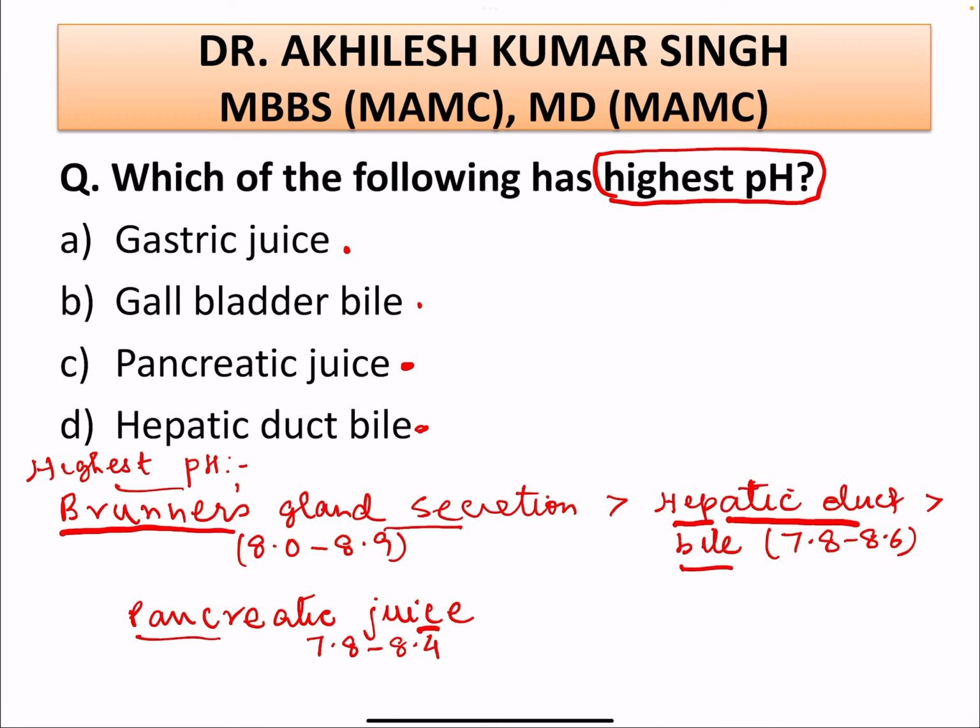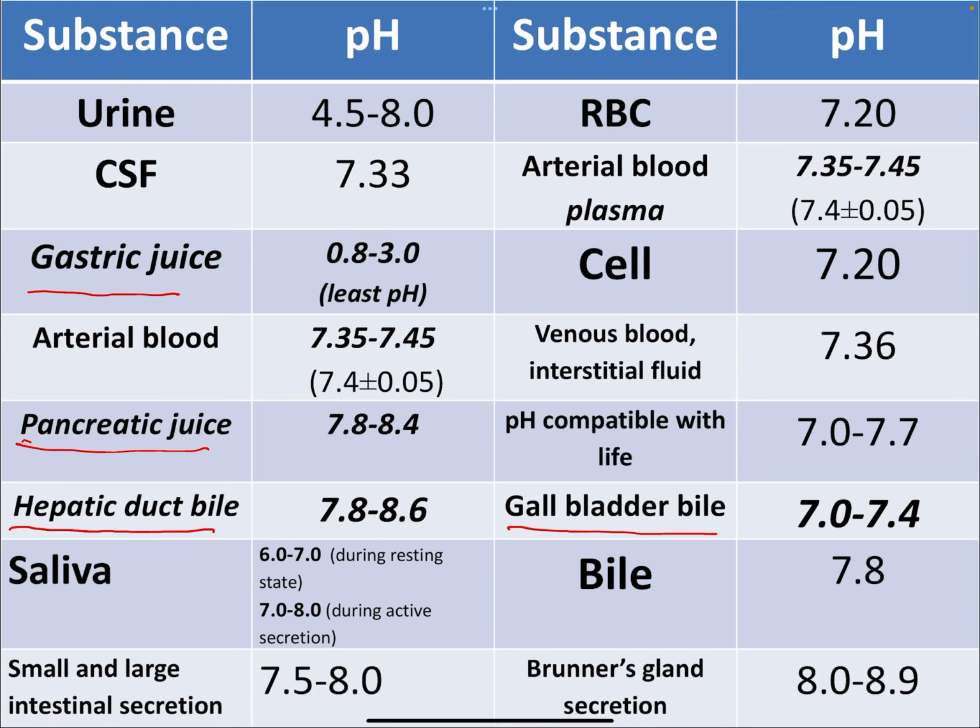Out of the hepatic duct bile and pancreatic juice, the hepatic duct bile pH is 7.8 to 8.6. This is more than the pancreatic juice pH, which is 7.8 to 8.4. So again we can see the table here. The gastric juice is 0.8 to 3.0, pancreatic juice 7.8 to 8.4, hepatic duct bile 7.8 to 8.6, gallbladder bile 7.0 to 7.4.